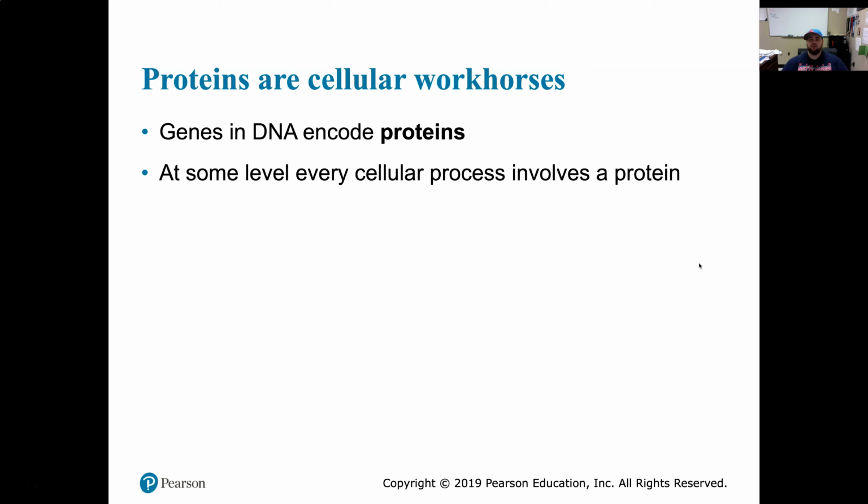Proteins have a very diverse range of functions, especially in humans. We have them for structural components. We have them for important attachment mechanisms. Proteins are really, really, really important.